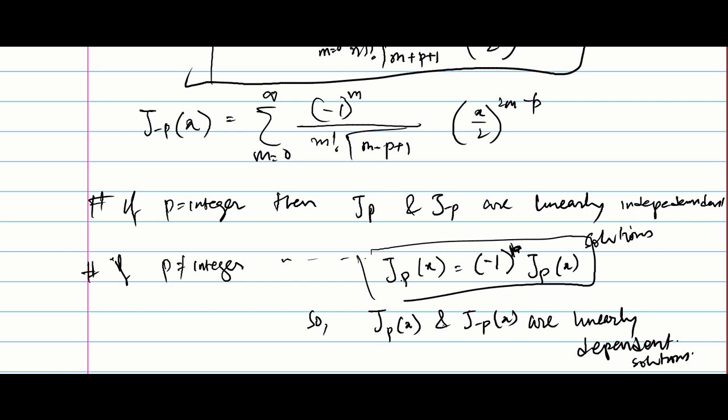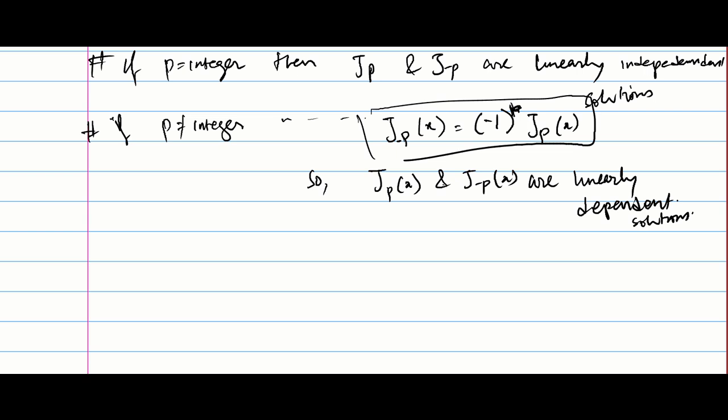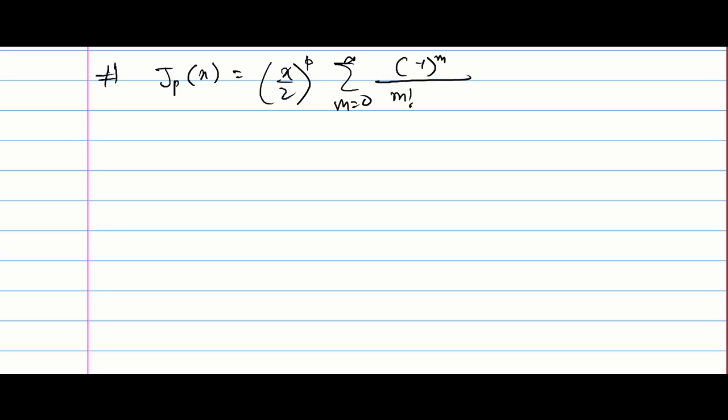The small mistake is that it's minus p here. Yes. Now Jp of x, I can write it like this: (x/2)^p times the sum from m equals 0 to infinity of (-1)^m over factorial m times gamma of (m plus p plus 1), times (x/2) to the power 2m.